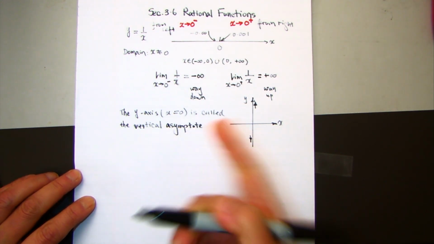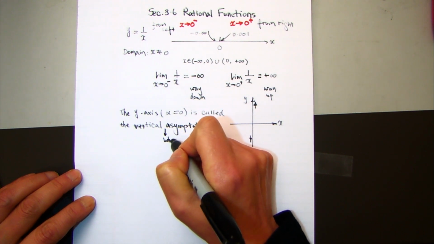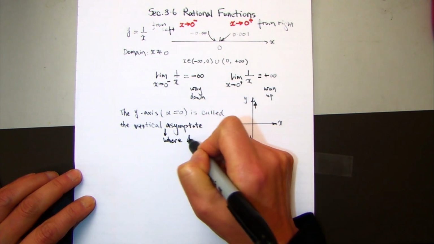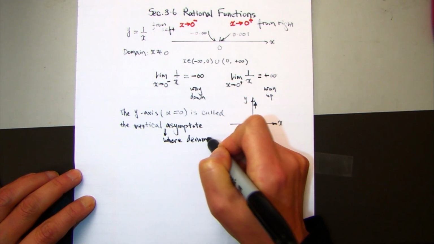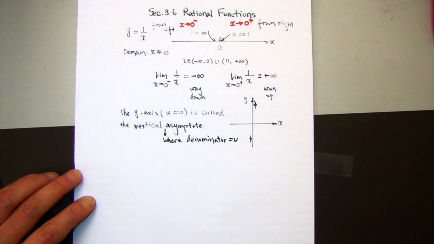Okay, so for vertical asymptote, how do we find it? Where the denominator equals 0. That's how we find the vertical asymptote.